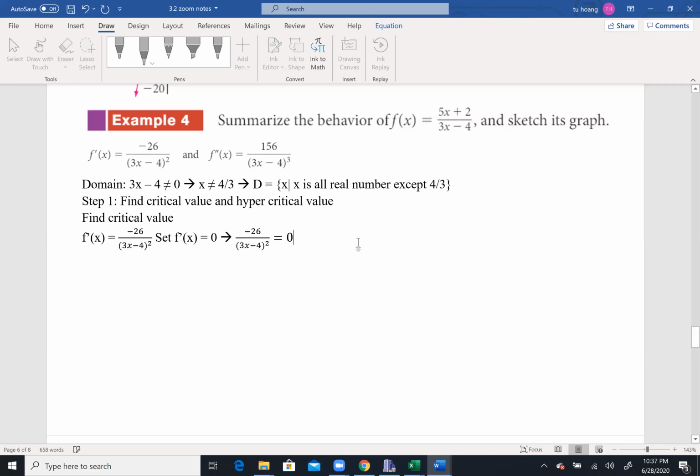And what do you guess is the solution of this? Yes, no solution, right? Because the top is negative 26, a constant number, so we say no solution.